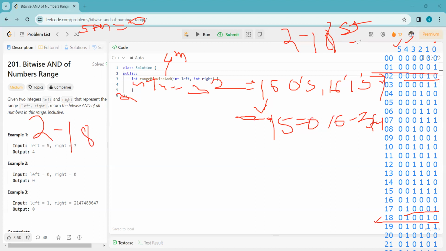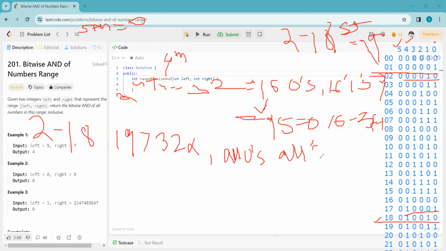Total numbers in this range is 19. We will see whether 19 is greater than 32 or not. It is not greater than 32. That means this range will contain either all zeros, all ones, or some zeros, some ones.